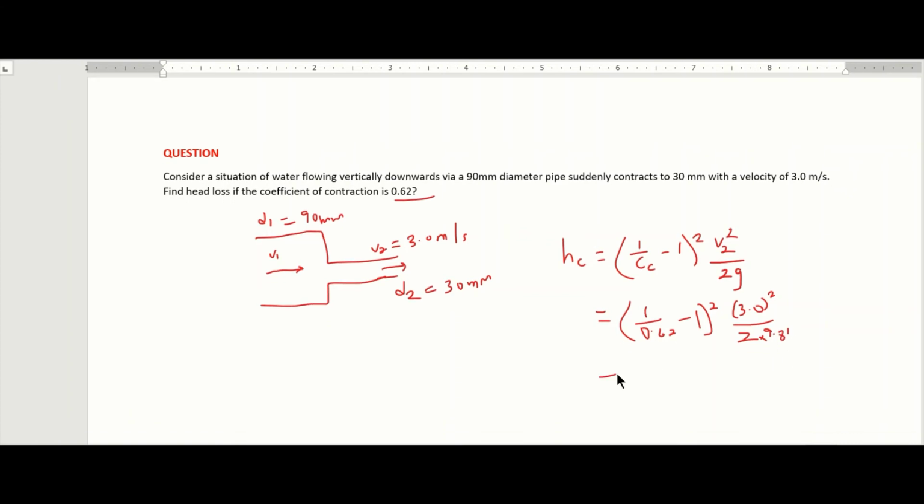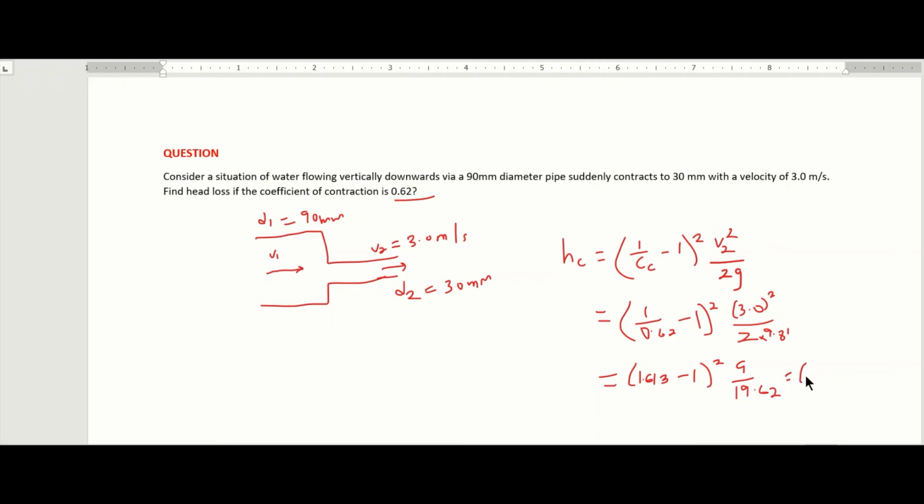So therefore we have 1 divided by 0.62 gives us 1.613. 1.613 minus 1, squared. 3.0 squared is 9, over 2 times 9.81 is 19.62. So that gives us 1.613 minus 1 is 0.613, squared.